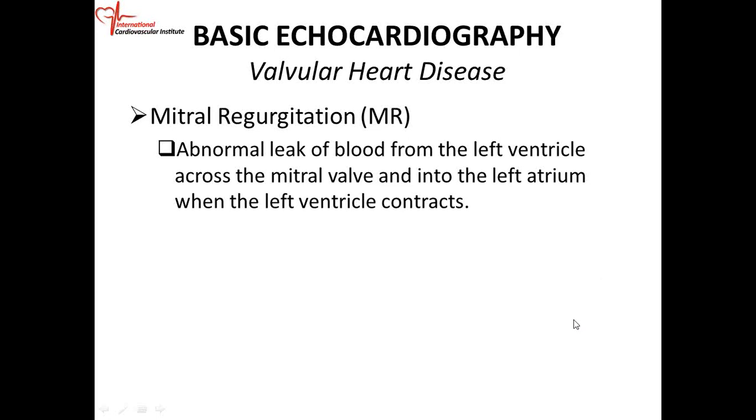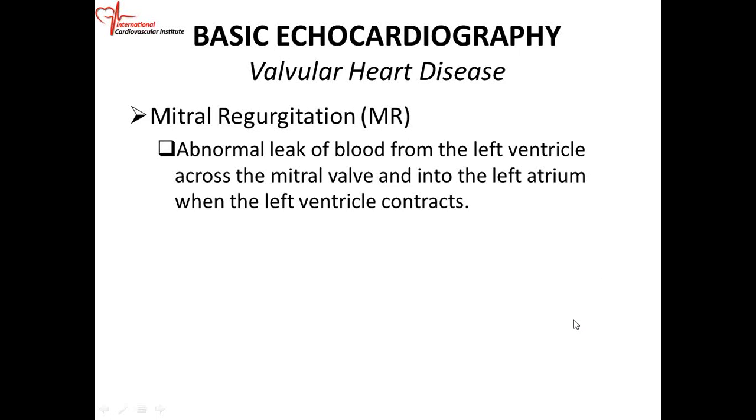the incompetence of the mitral valve could be secondary to the mitral annulus being dilated. So when the valve closes, there's a gap between the leaflets. Or it could be a problem related to the valve itself. The valve may be destroyed from, say, endocarditis, an infectious process, or some other thing.